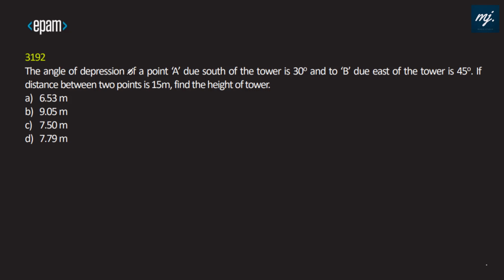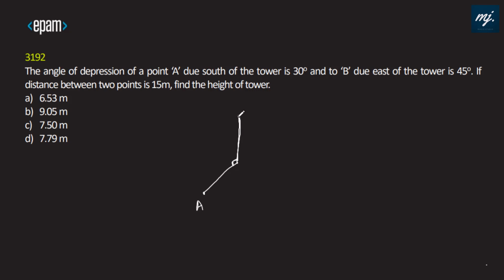The angle of depression of a point A due south of a tower is 30 degrees. Okay, let me try to make the 3D version of this. This is the tower, and south should actually be here, but let me make it a bit here. This is point A, and this angle is 90 degrees.